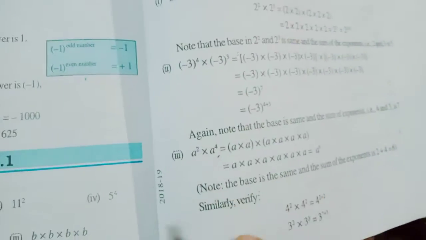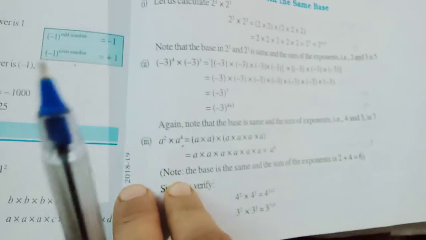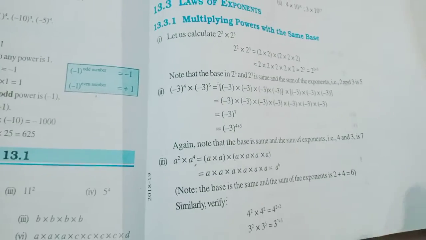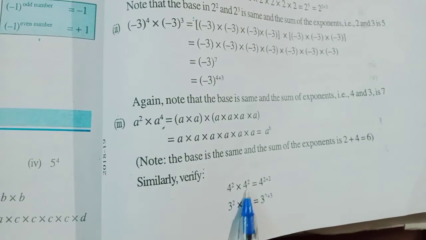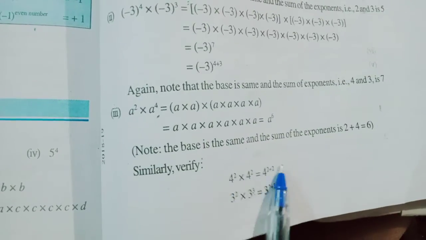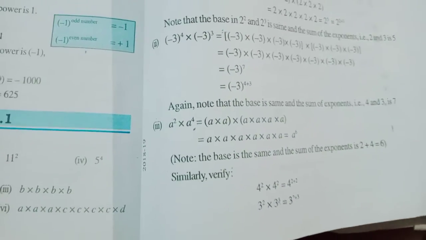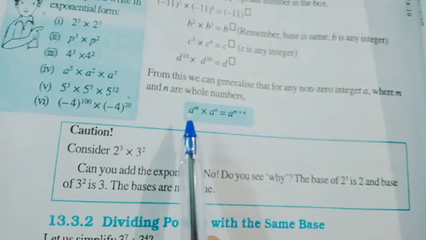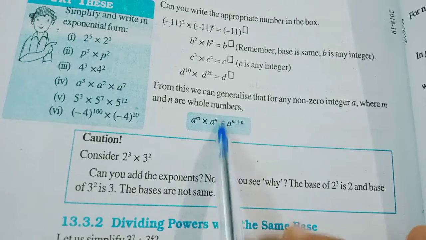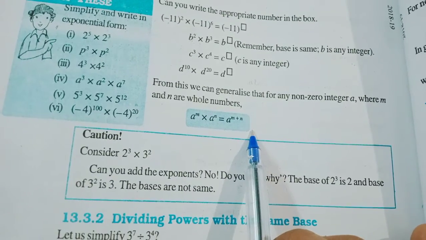I already explained this law to you at the starting of this chapter. So look here, 4 to the power 2 into 4 to the power 2, कॉमन बेस है, तो हम पावर्स को क्या कर देते हैं, ऐड कर देते हैं. So the law is a to the power m into a to the power n is equal to a to the power m plus n.